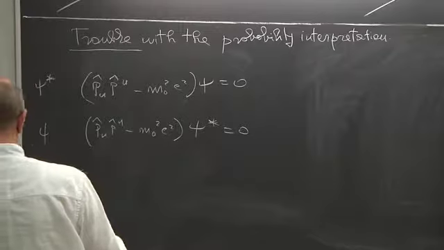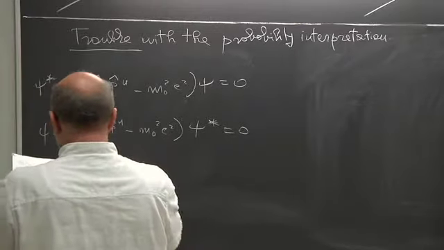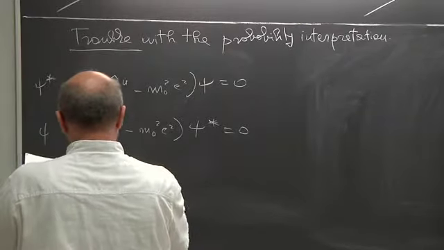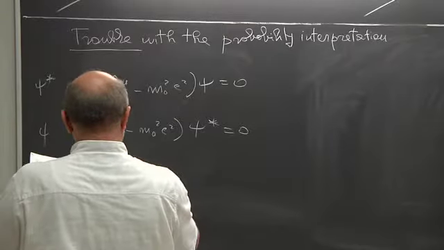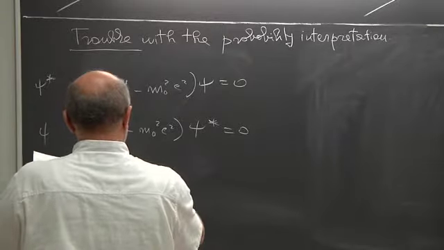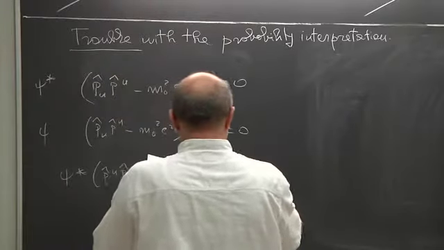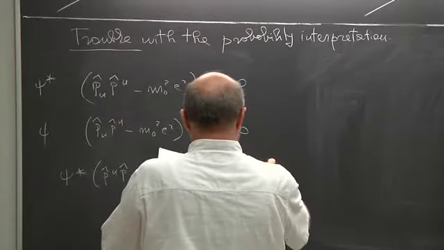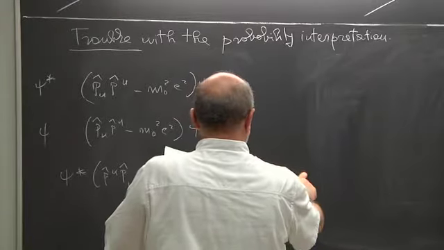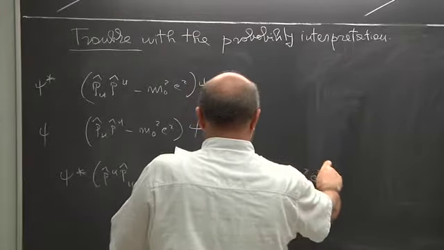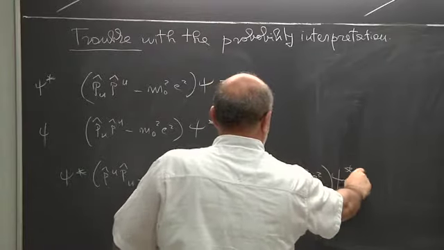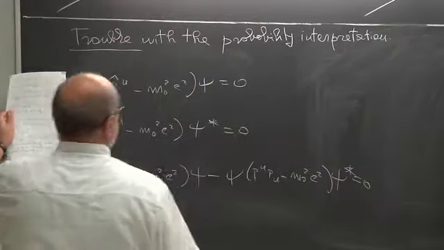Let's subtract the two, and we have psi p mu minus m0 square c square psi minus psi p mu. So these are the two equations.